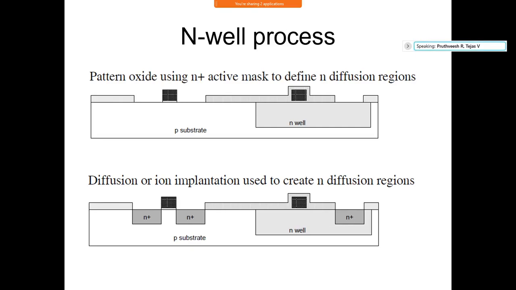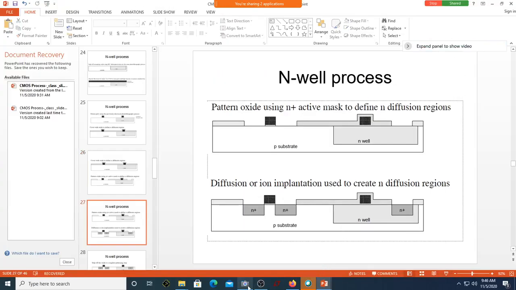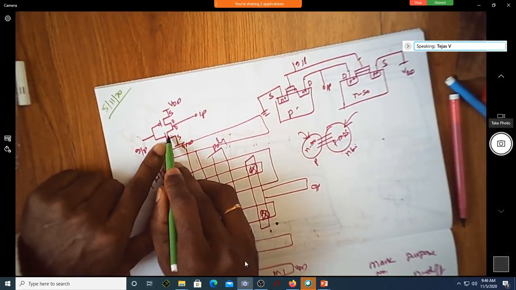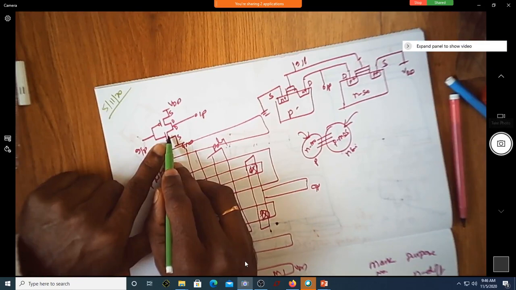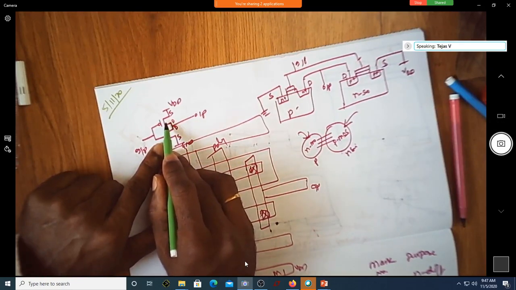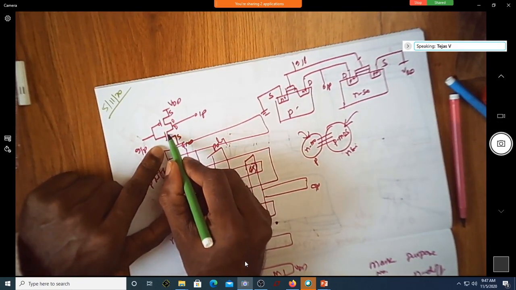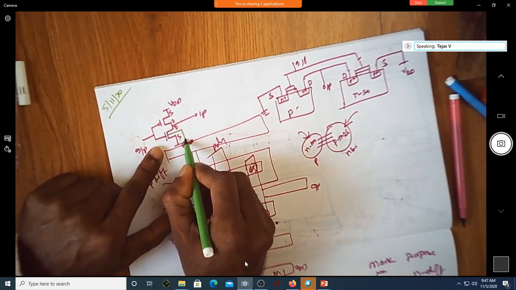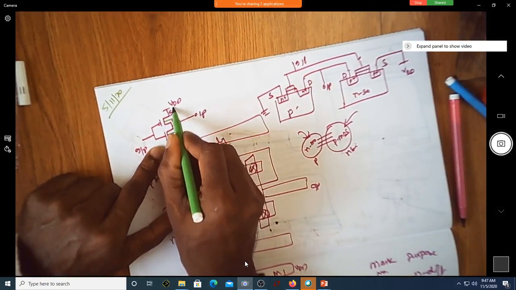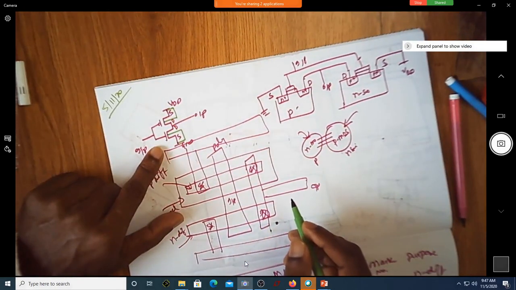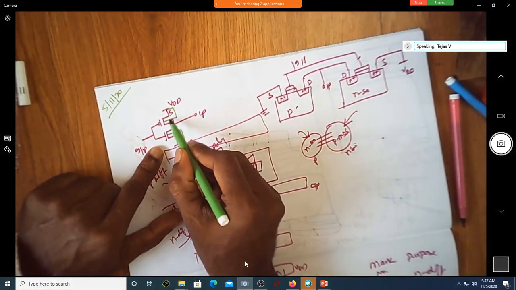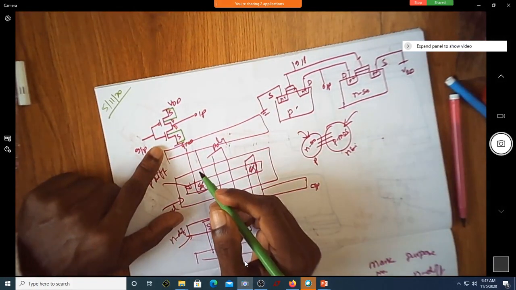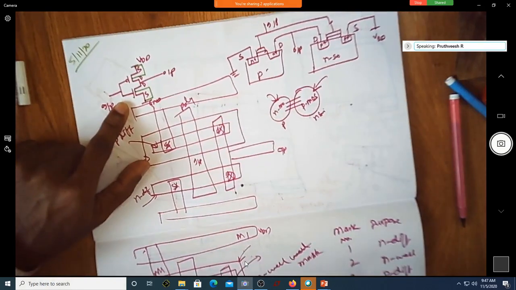So let me just show the camera. Is this NMOS transistor? Yes, sir. Is this PMOS? Yes, sir. Will this have a bulk? Is this bulk connected to ground? Is this bulk connected to VDD? Yes, sir. What is the bulk of this PMOS transistor in this N-well process?